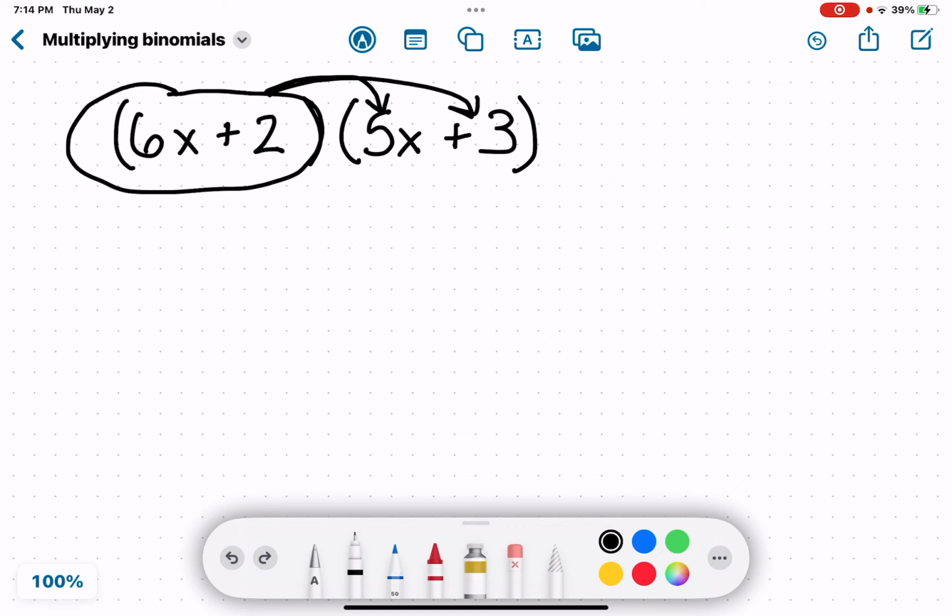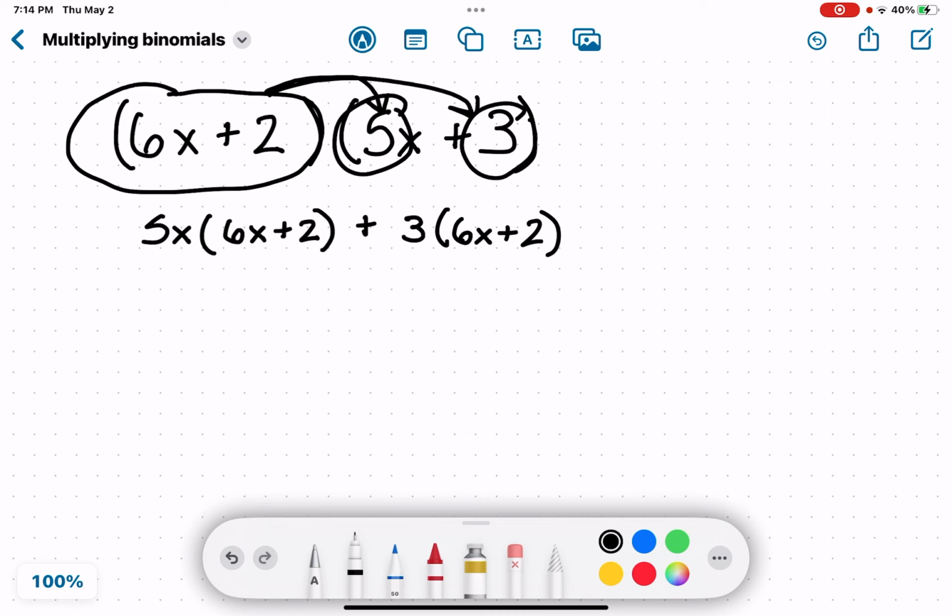So let's start. 5x times 6x plus 2, plus 3 times 6x plus 2. So we took the same 6x plus 2 and we took this term and we distributed. And then from there, it's super easy.